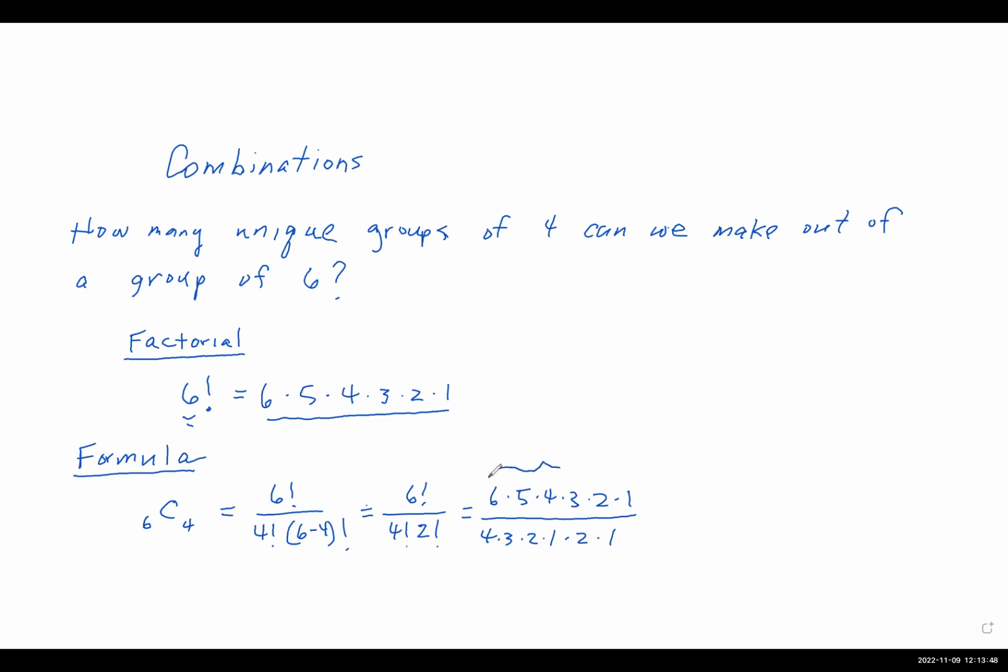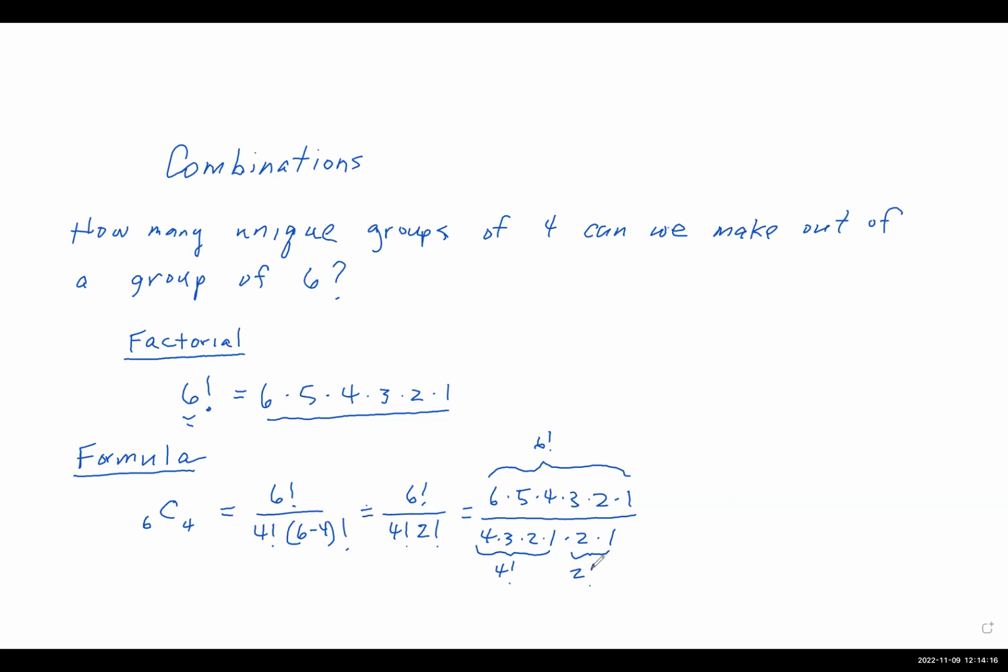So what I've written up on the top here is the expansion of 6 factorial. And down here, that is 4 factorial. And this part is the 2 factorial. So do you see how that formula works? Yes. Messy, but really when it comes down to it, multiplication.